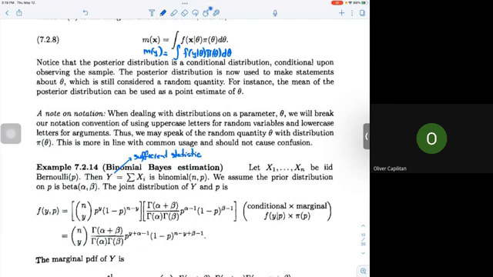Which is actually a function of our sample, a function of our random variables X sub 1 up to X sub n. As I have said, the sufficient statistic contains all the information of our unknown parameter p on a given sample.